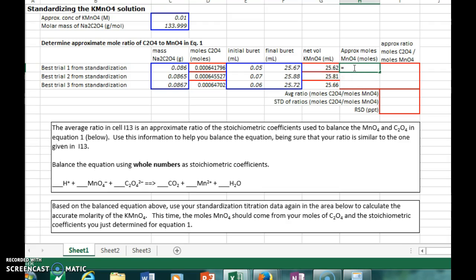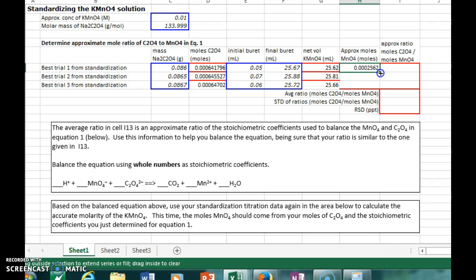So, equals, and then I'm going to put in parentheses my milliliters. I'm going to change them to liters by dividing by 1,000, close my parentheses, and then multiply by my suspected molarity. Now I'm going to want to copy and paste this formula, so I'm also going to put dollar signs in front of my C and my 5.